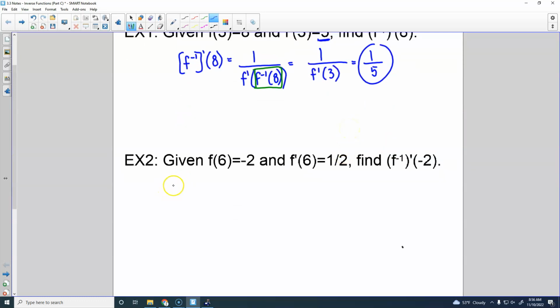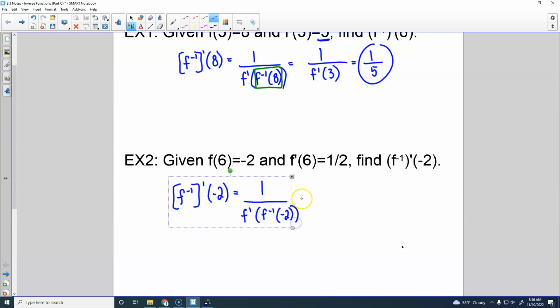Okay, this one asks us for f inverse prime of -2, which means we're going to be doing 1 over f prime of f inverse of -2. So we got to start with that f inverse of -2, meaning that we're looking for the y coordinate being -2.